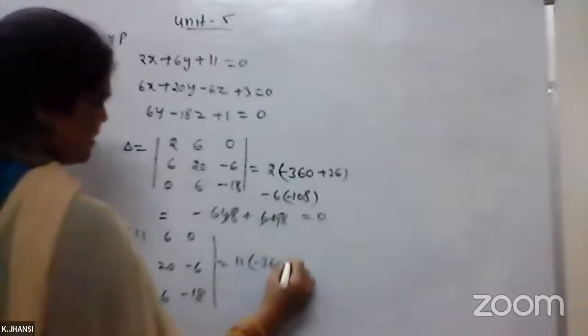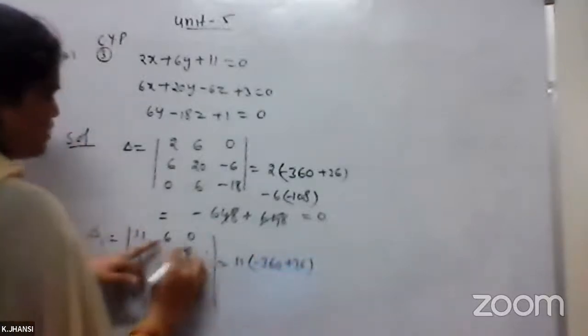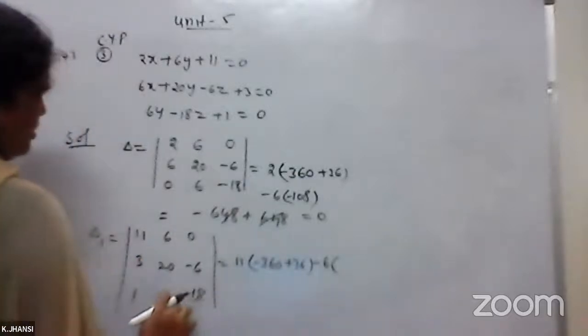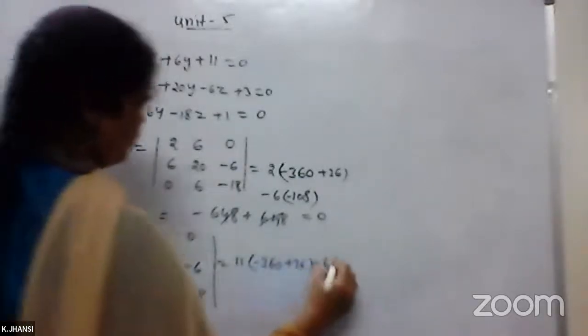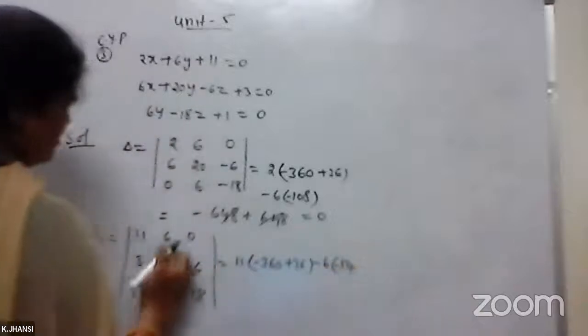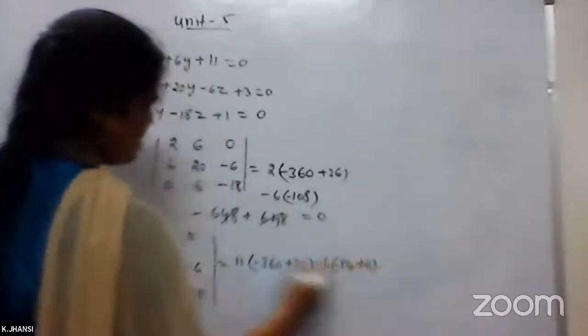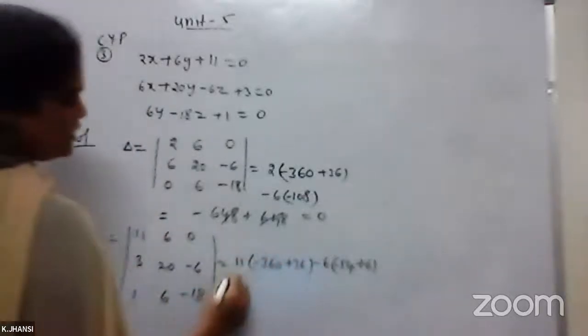So it is plus 36. Next we have minus 6 into 54, and minus into minus is plus 6, plus 0 into that value is 0.